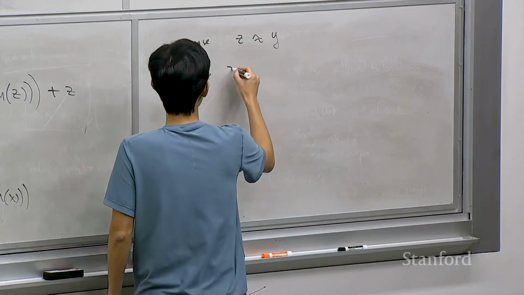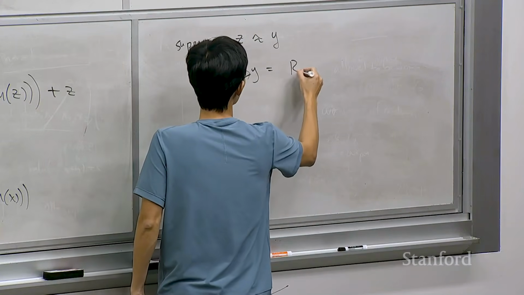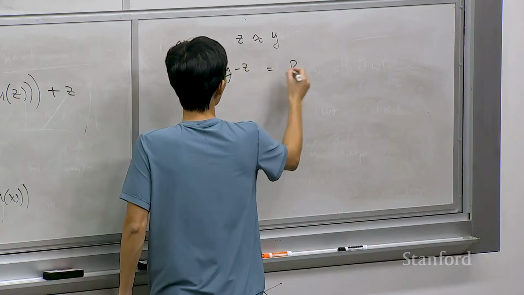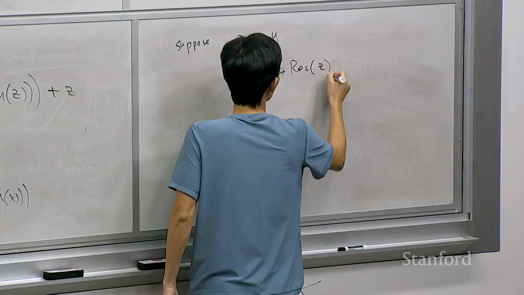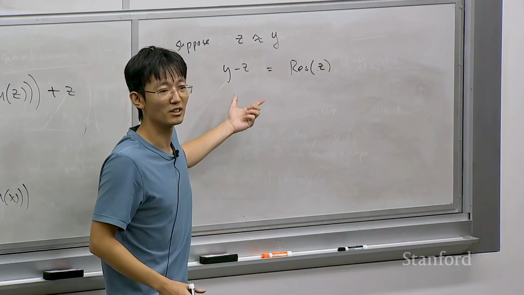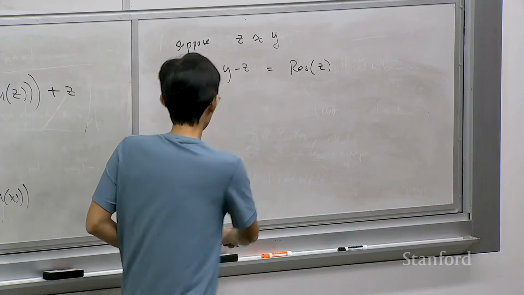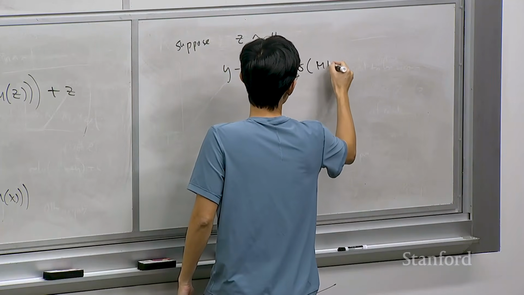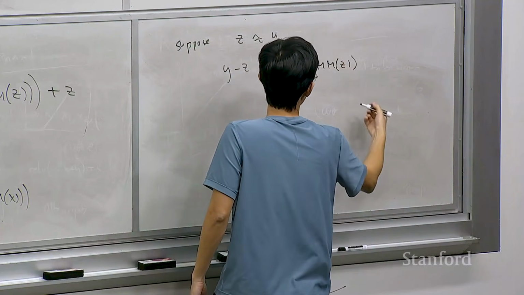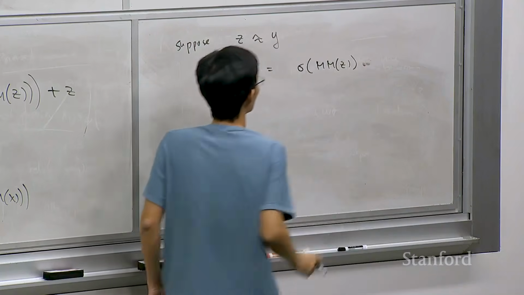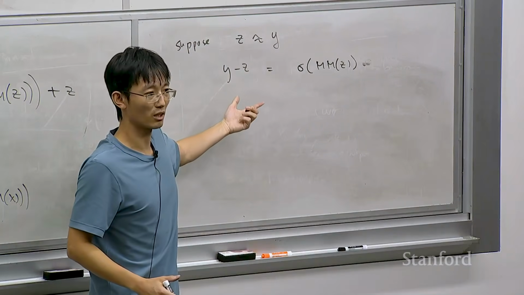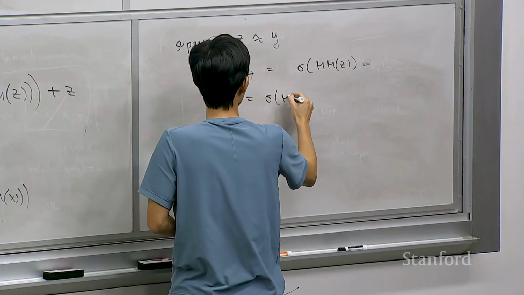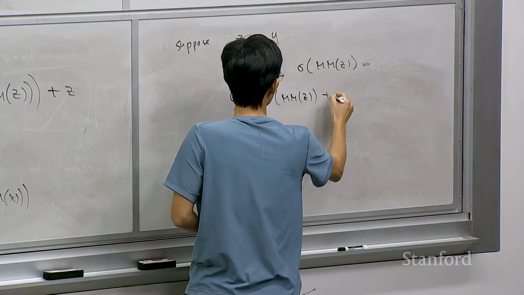So you should model Y minus Z as some network, something like sigma of M Z. If this is your belief, then if you move Z to the other side, you have Y equals sigma of M Z plus Z.